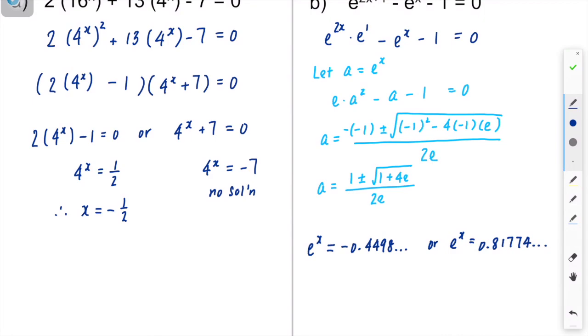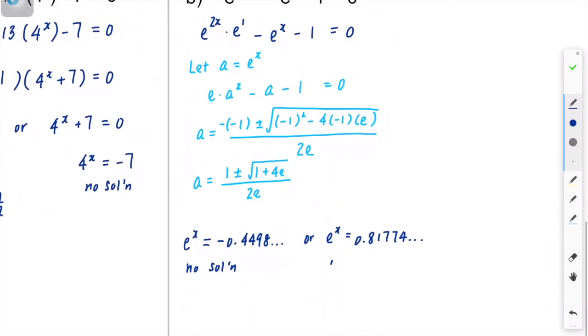But e to the x cannot be negative, so there's no solution on the left here. But here on the right, let's try this again. x is ln of 0.81774... And keep in mind that you should keep all the digits on your calculator and only round your final answer when you are writing it down. And if nothing is specified, you round to 3 significant figures.